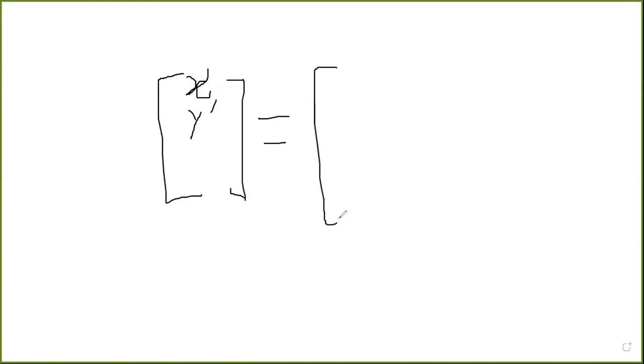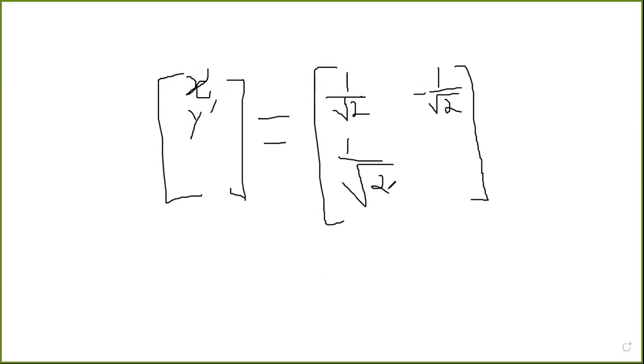Whatever, the answer is, just put the values of cos 45 and sin 45. If I solve this using this matrix, you will get cos 45 is 1 by root 2, minus sin 45 is minus 1 by root 2, and 1 by root 2 and 1 by root 2, and x, y is 4, 5.